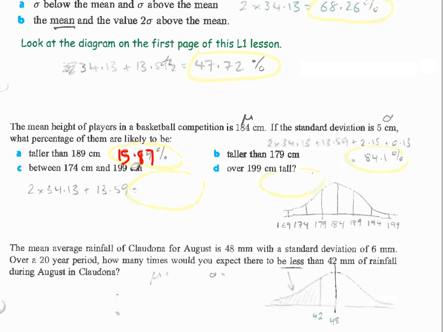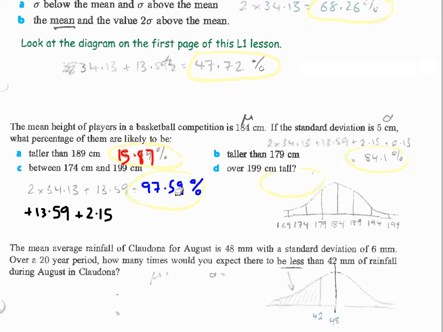So 174, so 13.59, 34.13 plus 34.13, plus I also need to add another 13.59, and so on. So I've just gone and fixed that up. So now you can see I've got 2 times 34.13 plus 13.59 plus 13.59 plus the 2.15, because that's between 174 and 199. And you should get 97.59% for that one.